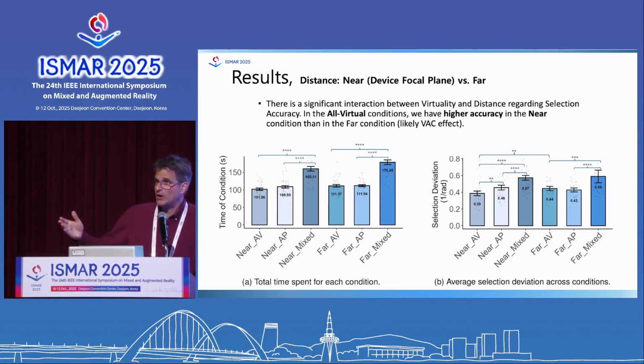But we were on the lookout for the VAC, right? Remember that? We did find a significant interaction between virtuality and distance regarding selection accuracy. So accuracy, not time. And we have a higher accuracy in the near condition than in the far condition.